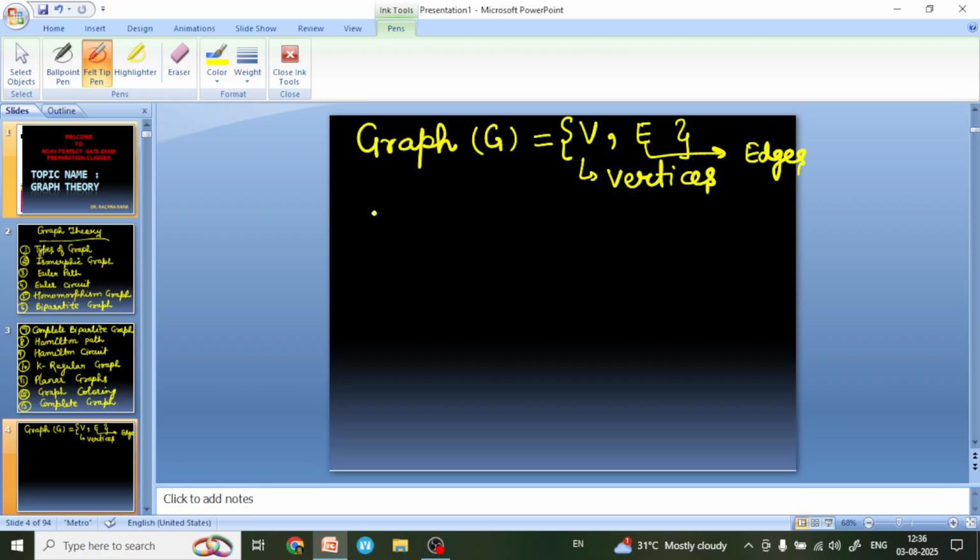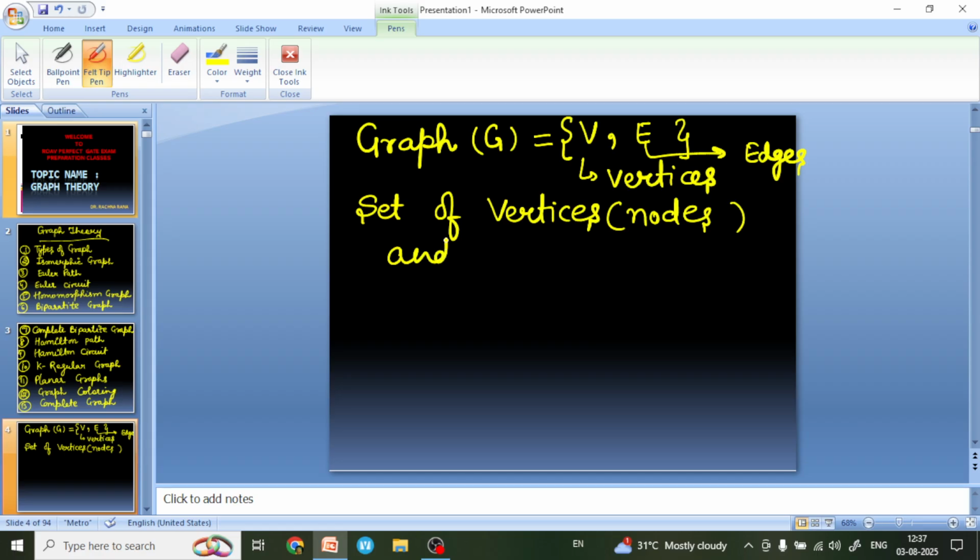You can say graph is a set of vertices, also known as nodes, and a set of edges. It means graph is a combination of a set of vertices and a set of edges, and the set of vertices is represented by V and the set of edges is represented by E.